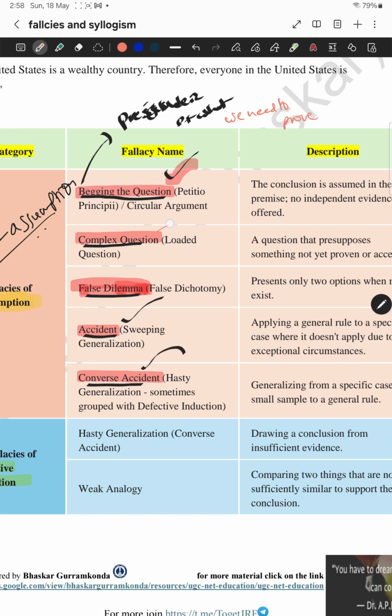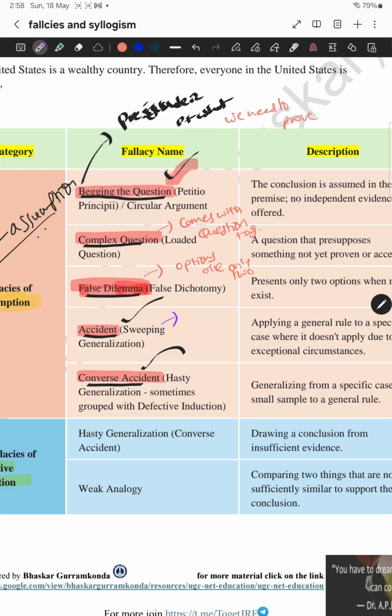Complex question comes with a question tag, and false dilemma is where options are only two.